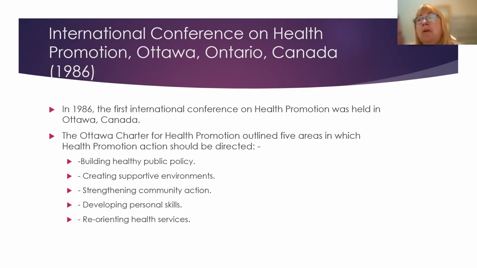So it's the first one that's saying countries need to have policies about how they support the people that live there. Creating supportive environments, so making sure that an environment was safe and sound for people to live and work in. And that's also about looking at factories to see that they weren't dangerous for people's health, which some of them were.